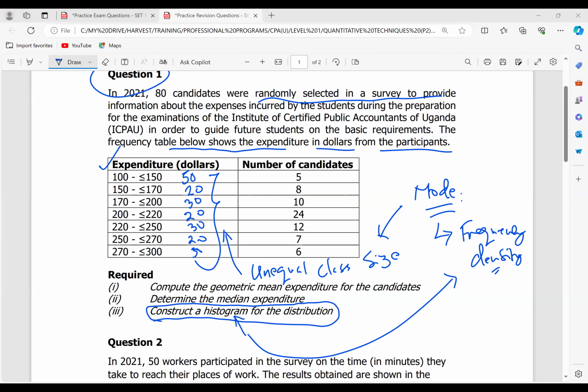We determine frequency density from the frequencies by getting the frequency of a given class. Let me first of all share my screen. Just give me a minute so that you can see it clearly.